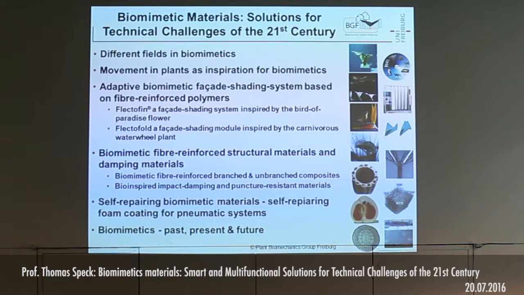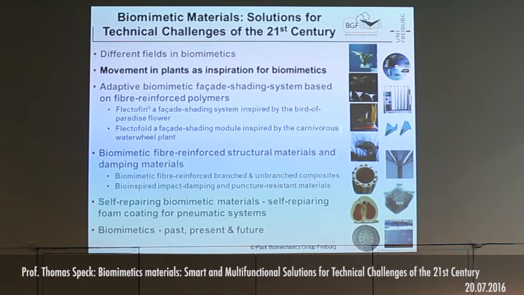After this very short introduction, I want to start with something which might be surprising for you. What can we learn from motion in plants? For that, you first have to understand the basic differences in motion between plants and animals.